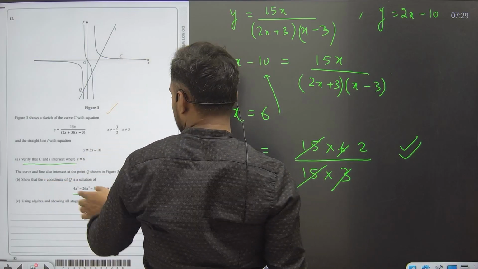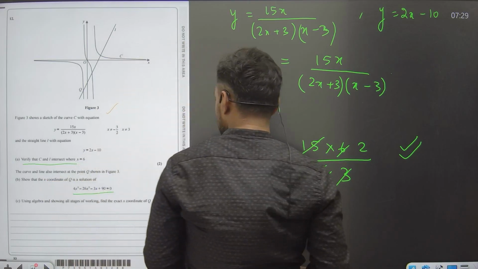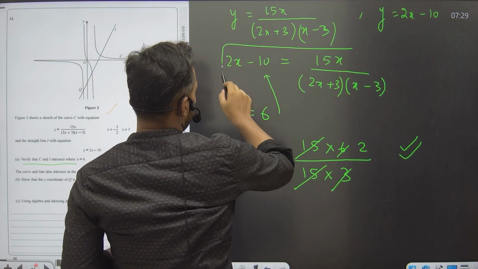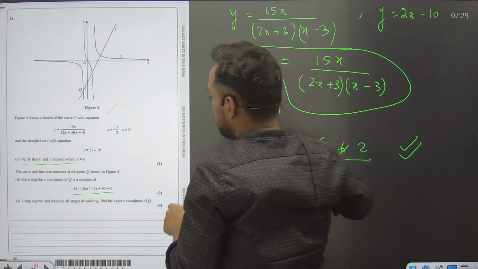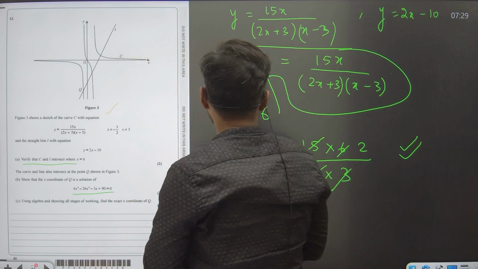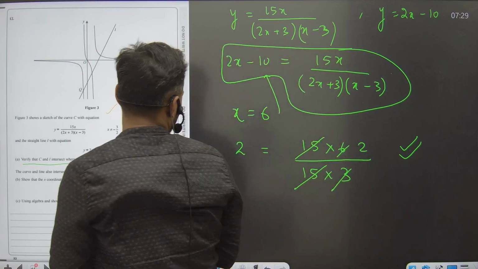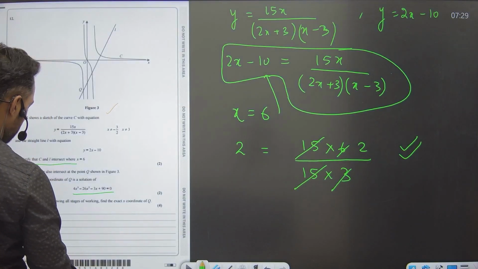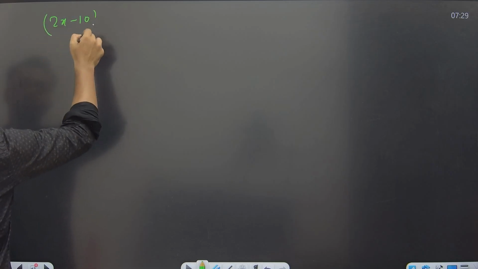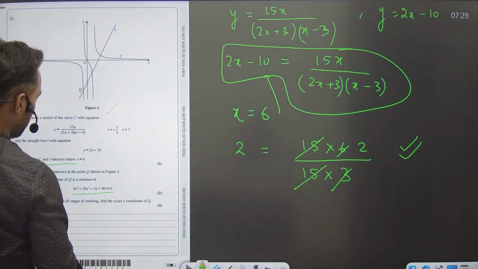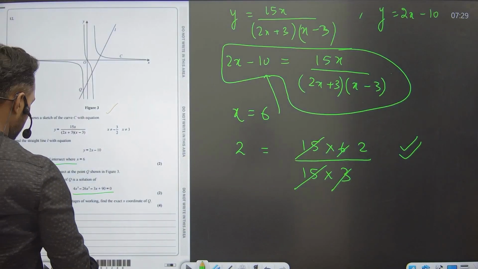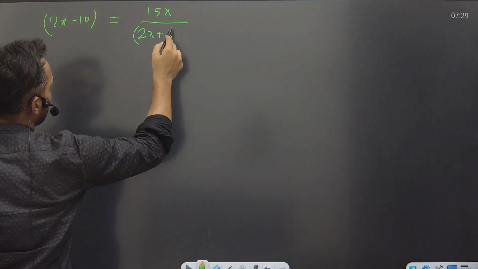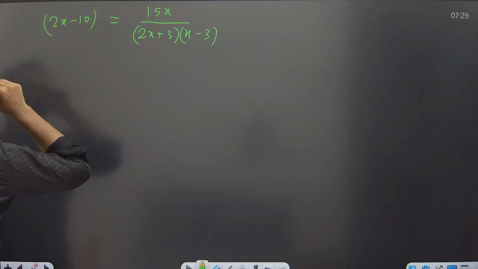This was the equation we got when we made the equation of the line and the equation of the curve equal. So we just need to cross multiply it: 2x negative of 10 equals 15x upon (2x plus 3) into (x minus 3). Okay, you just need to cross multiply it and you will get the values.